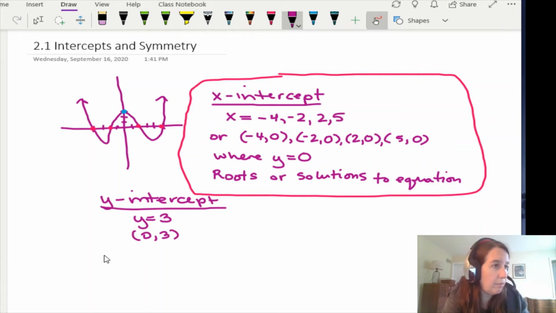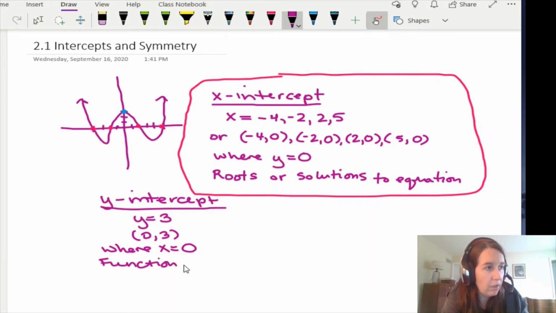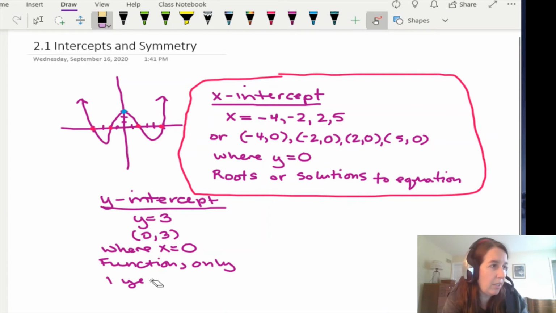And that, of course, would be then where x equals 0. And then just something to note, if the graph is a function, then there will be only one y-intercept.